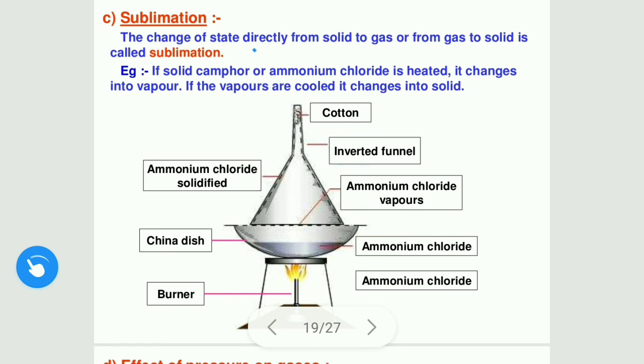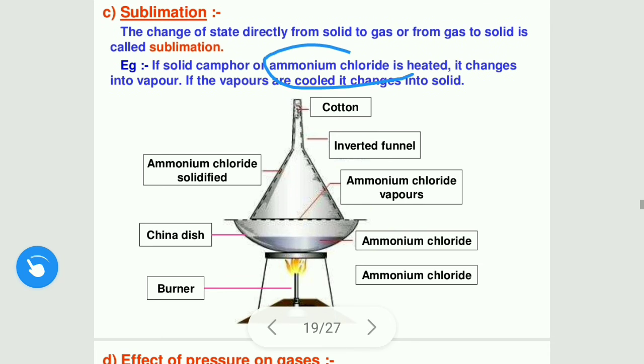Examples are camphor, that is kapoor, we know camphor in Hindi is known as kapoor. Another example is ammonium chloride. When we keep ammonium chloride or camphor in an open atmosphere, it directly gets converted into gas with some heat.